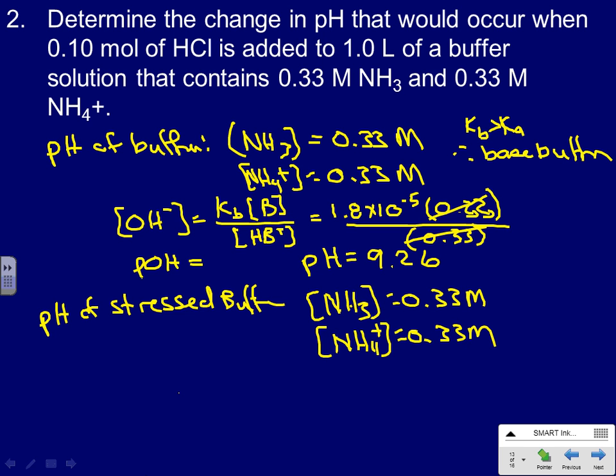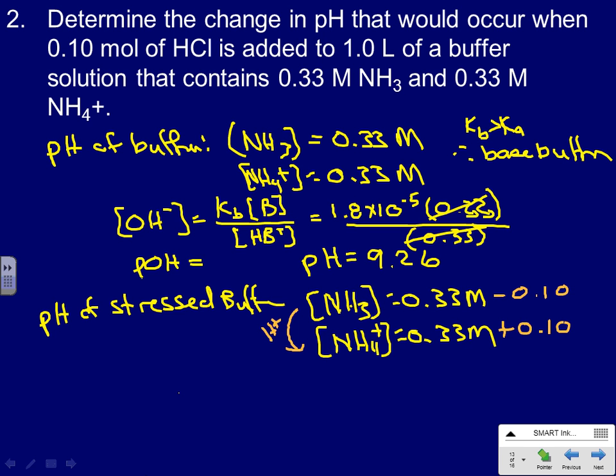Maybe a little visual to help you. Because it's a strong acid, right? H plus does that type of maneuver. Adding an H plus into here, this thing's going to grab it up and turn it into that. Which means I'm going to have minus 0.10 and plus 0.10.